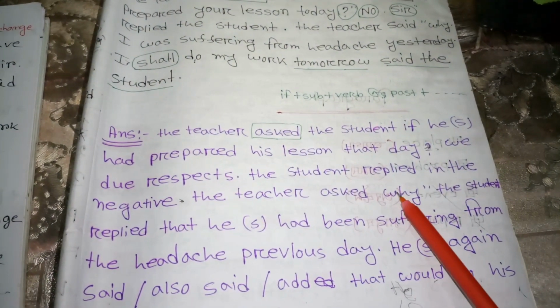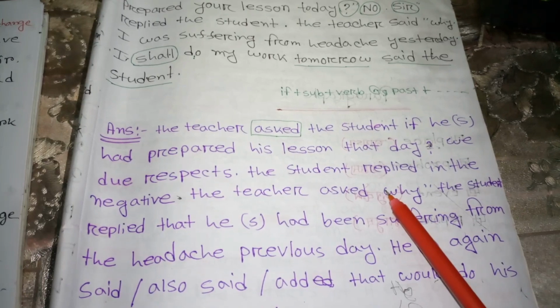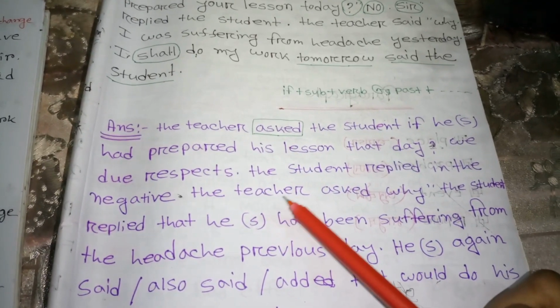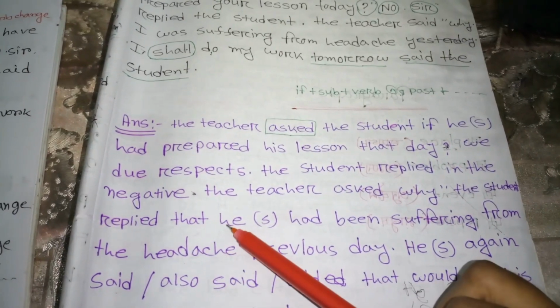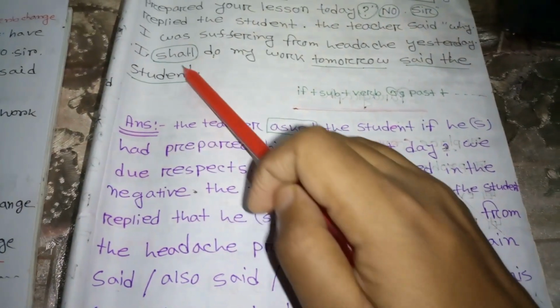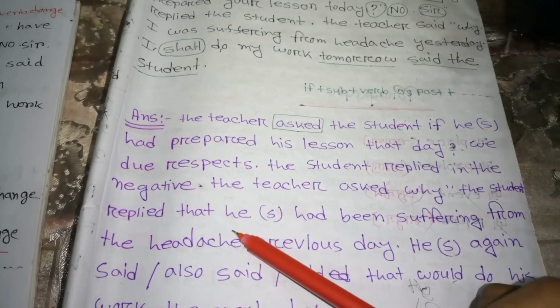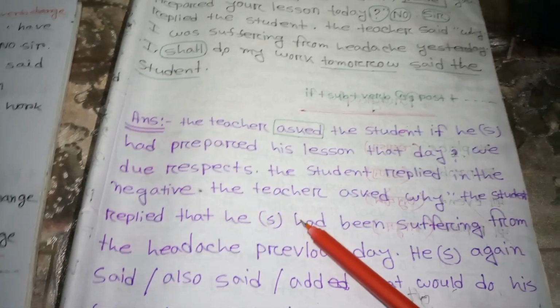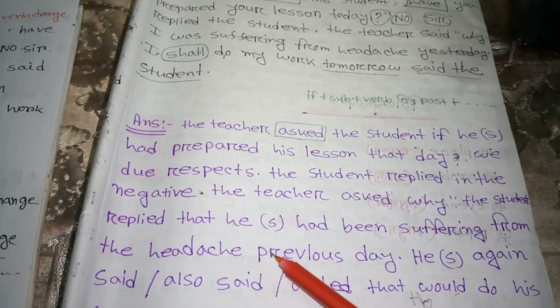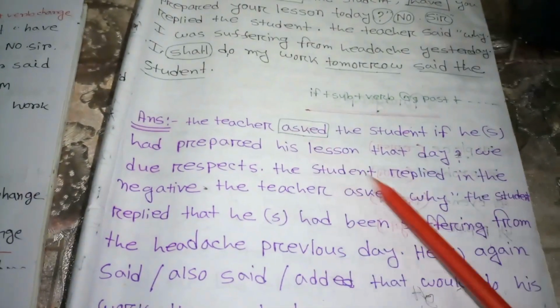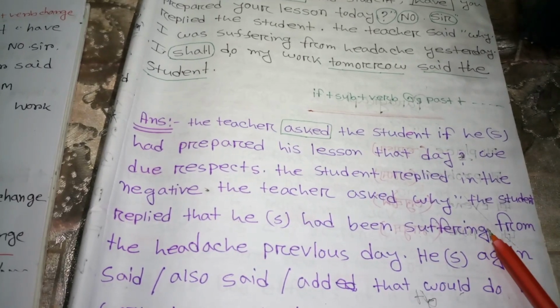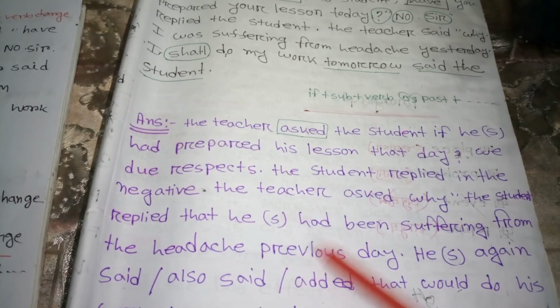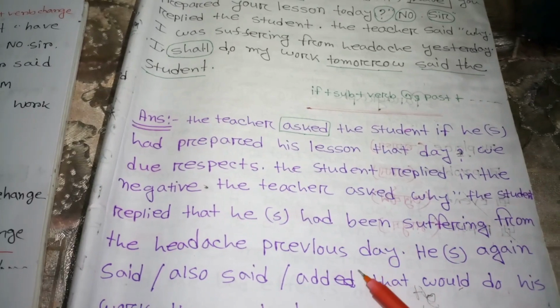So the line will be changed to: the student replied that he had been suffering from the headache. So "was" would be changed to "had been," and "suffering from the headache," and "yesterday" would be changed to "previous day."